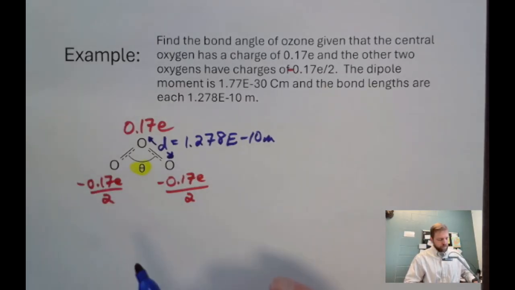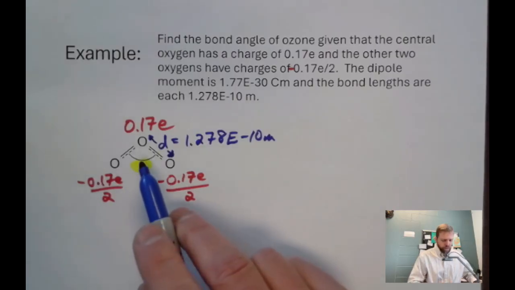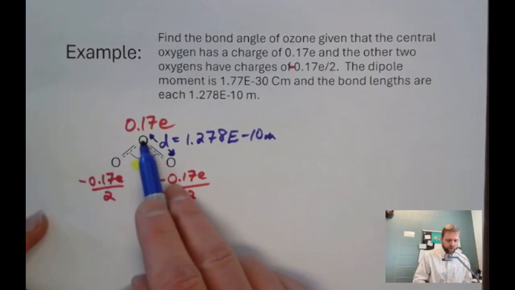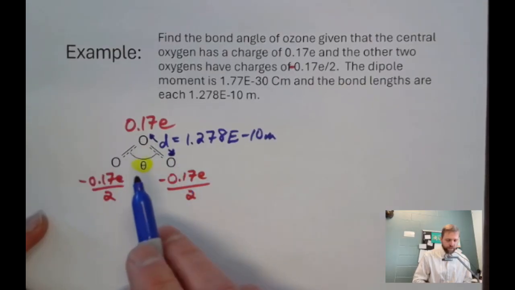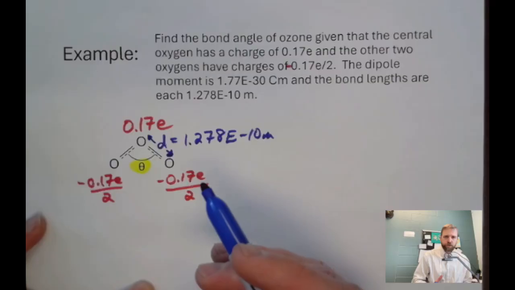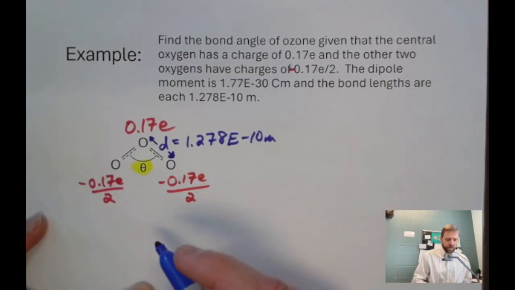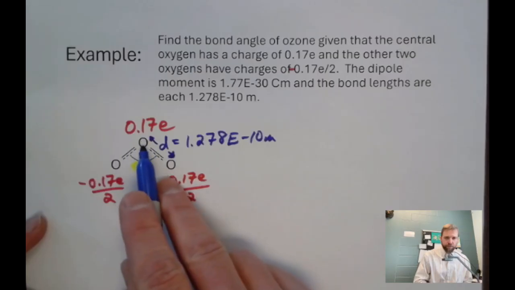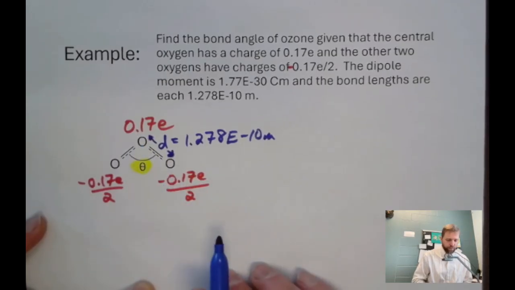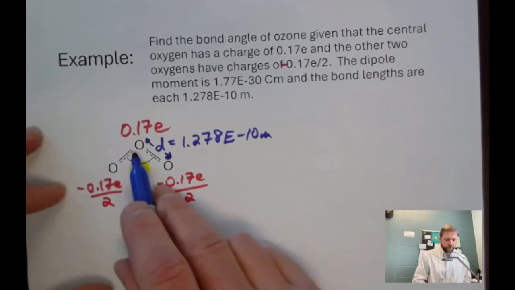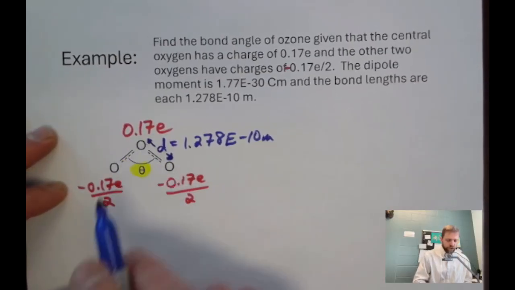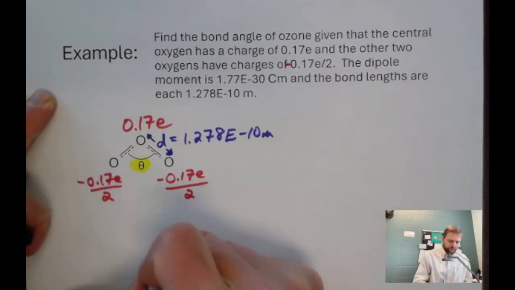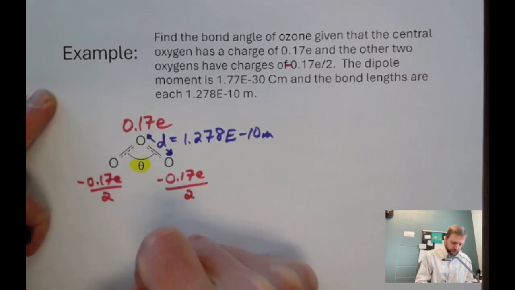So first, we have two bonds, that one and this one. So we essentially have two electric dipoles that we have to add together. Let's illustrate both of those dipoles, and we're going to illustrate the vector problem down here.